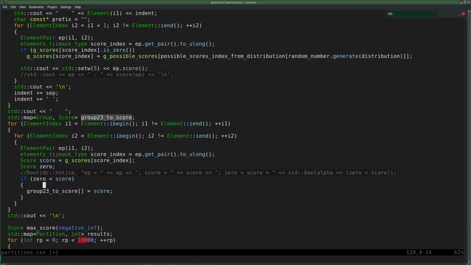I have to construct a group, I guess, so I can just use group here. Make a group from two elements which are constructed from the two element indexes. Yeah, I'm an idiot. I meant elements.